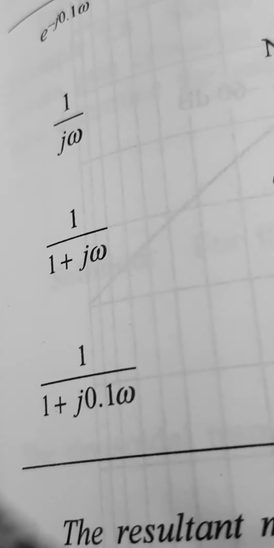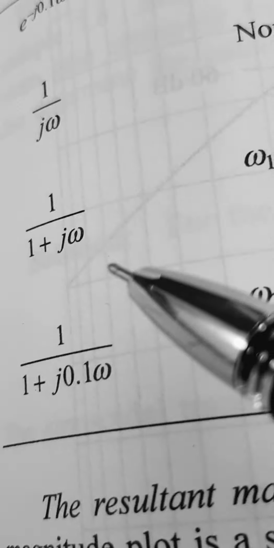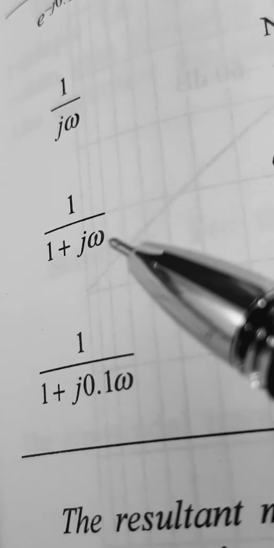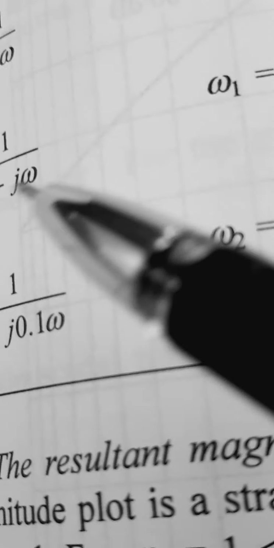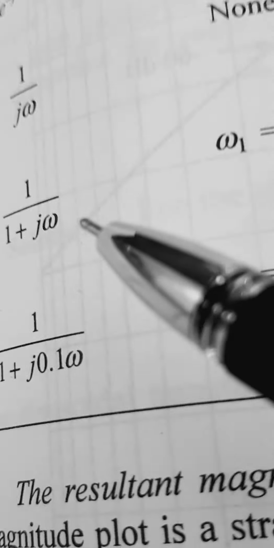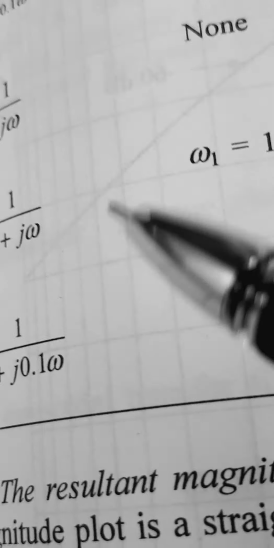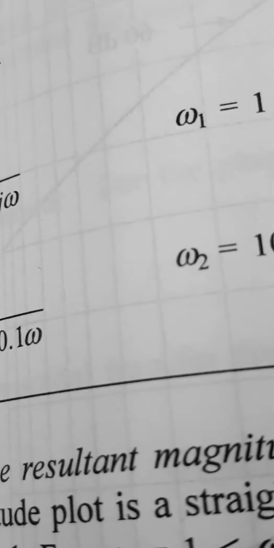Now when you are calculating 1 by (1 plus j omega), it is in the form of 1 divided by (1 plus j omega T), where T is 1. So the corner frequency omega 1 is equal to 1 by T, that is equal to 1.